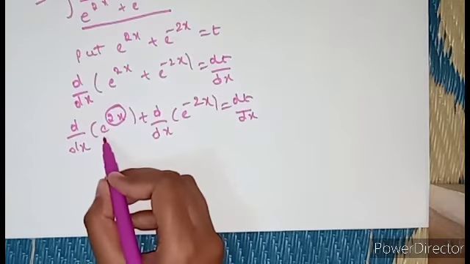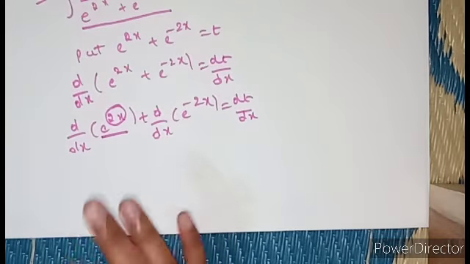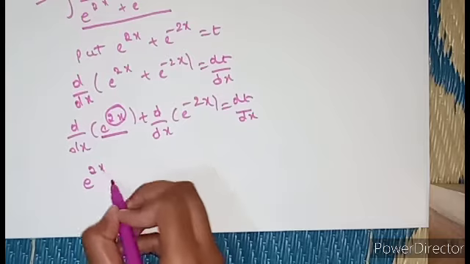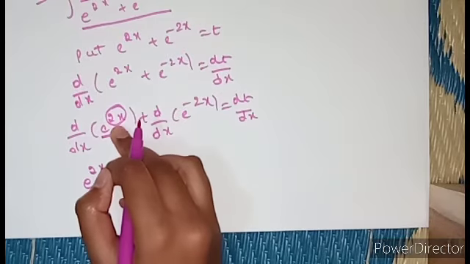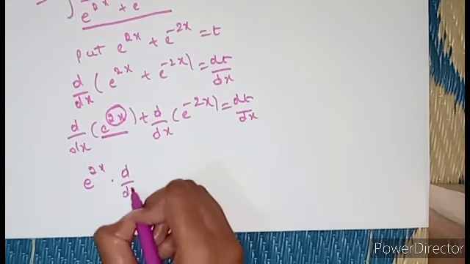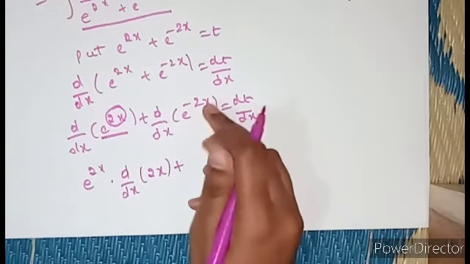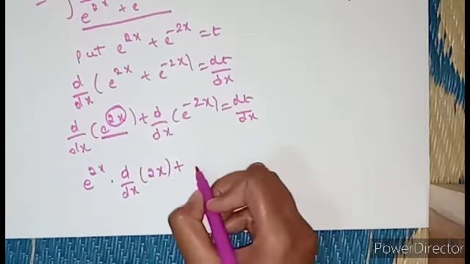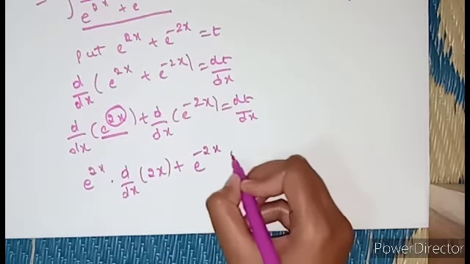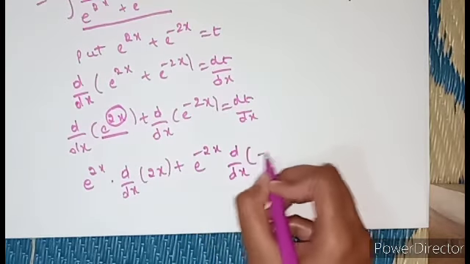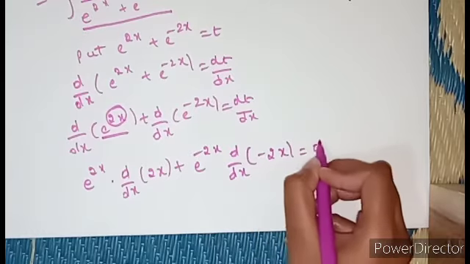So the first derivative of e power 2x is e power 2x itself. Again in place of x we have 2x, so take the derivative of 2x. Now same here, the derivative of e power minus 2x is e power minus 2x itself. Take the derivative of minus 2x.